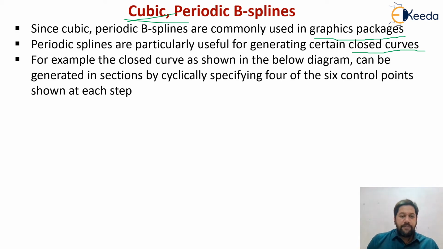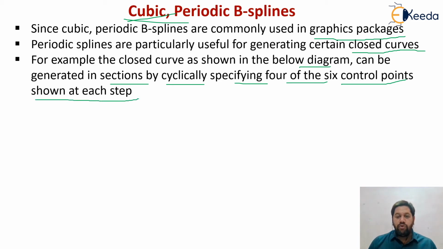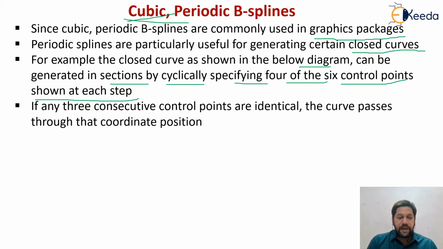For example, the closed curve shown in the below diagram can be generated in sections by cyclically specifying 4 of the 6 control points shown at each step. So out of 6 control points, we are specifying 4 points, and we are considering how I can achieve the closed B-spline curve.